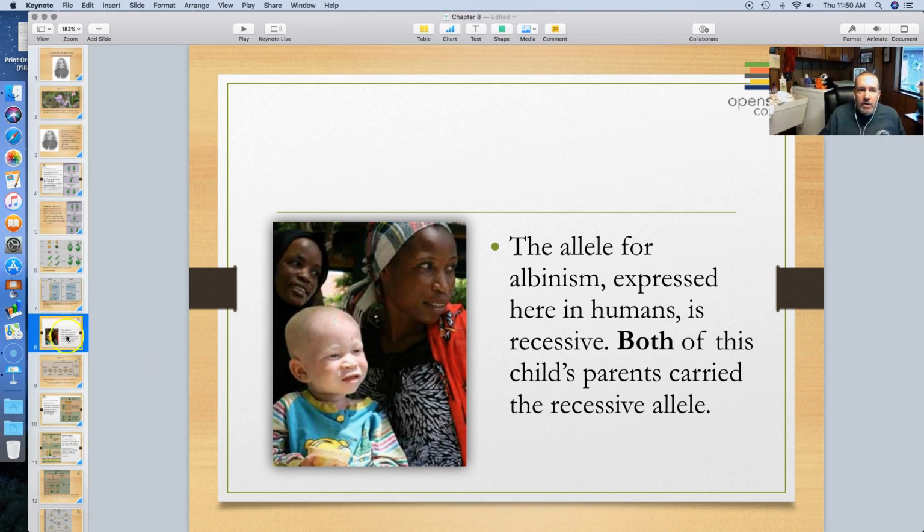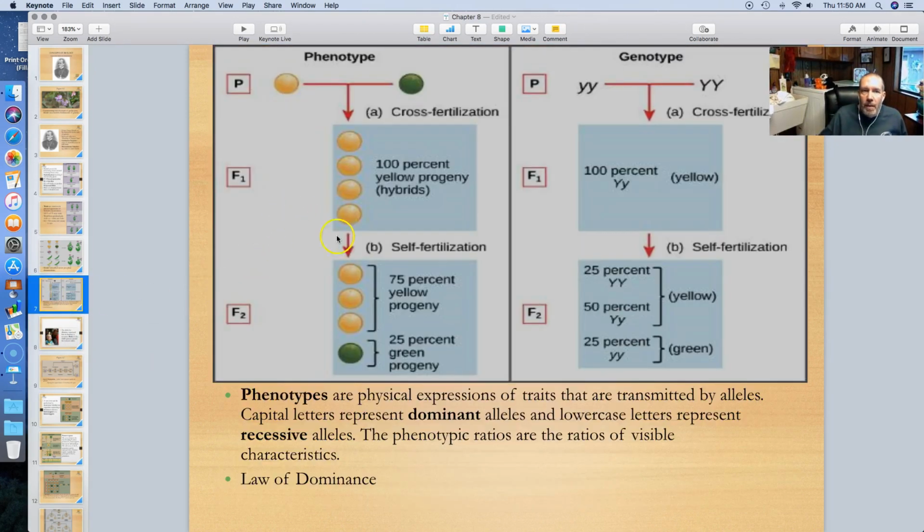For a dominant characteristic to show itself, I'll go back here, we only need one dominant allele to be present. Notice all of these F1 generation offspring have a genotype with one uppercase and one lowercase y, a dominant allele and a recessive allele. And again, that's all of the offspring between that test cross. But yet we get offspring that have three different combinations, not just that combination.